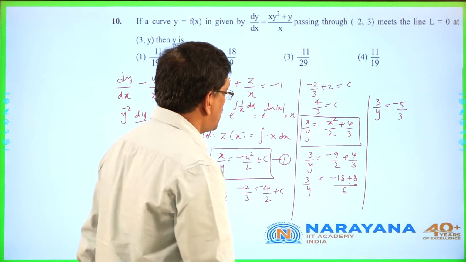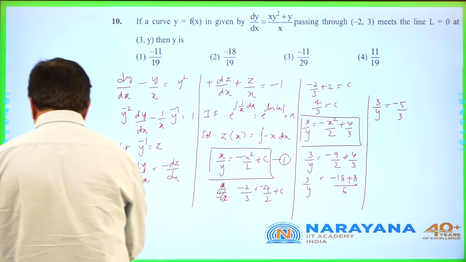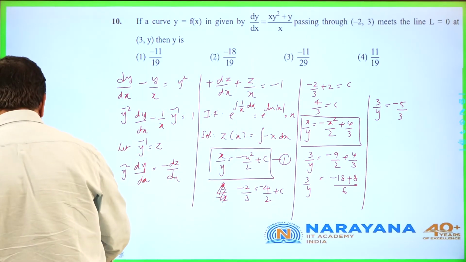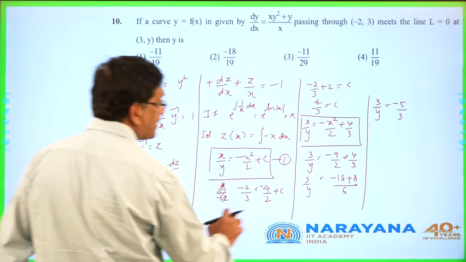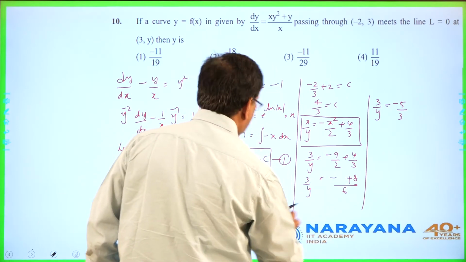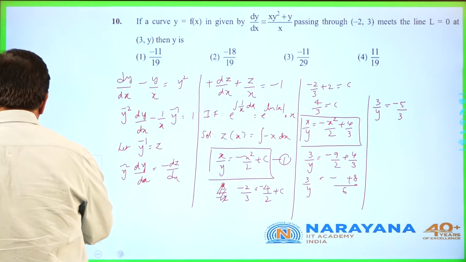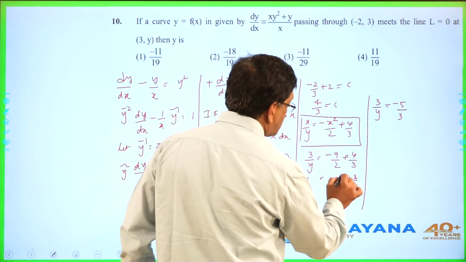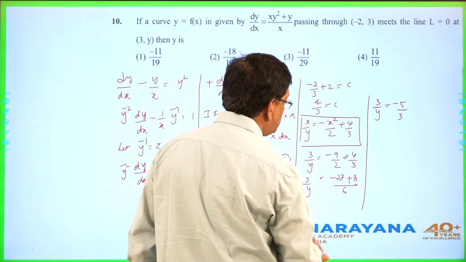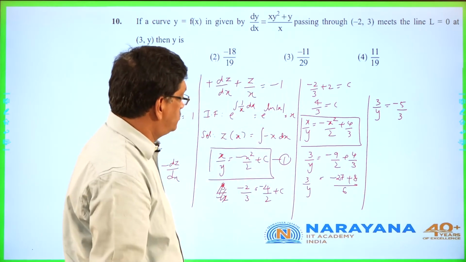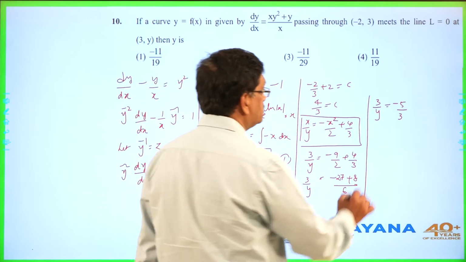It is 9 into 3. Sorry, this is 27. It is minus 9 3s are 27 plus 8. That is minus 19. Right?